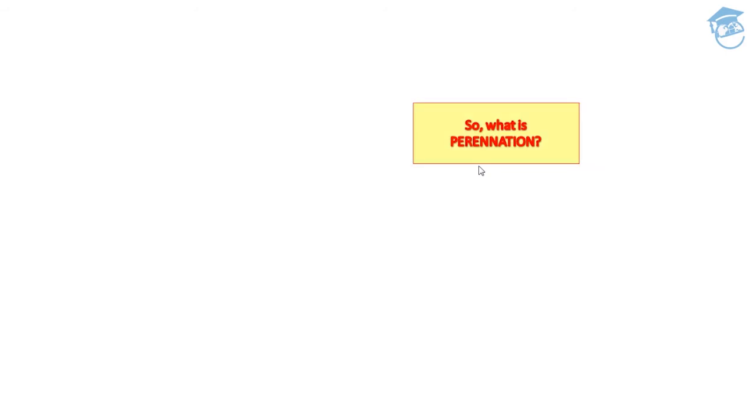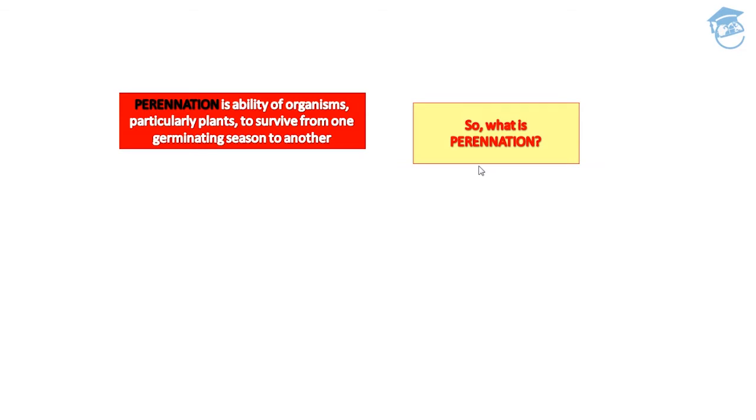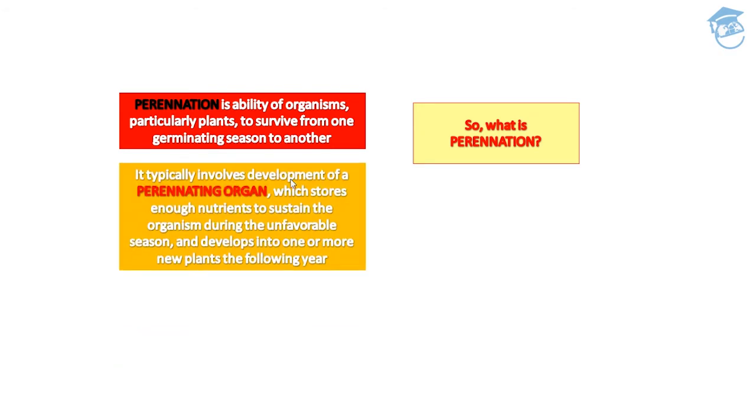So what is perennation, students? Perennation is the ability of an organism, particularly plants, not humans or animals, to survive from one growing season to another. Secondly, it typically involves development of a perennating organ, because a perennating organ is necessary to store enough nutrients to sustain the plant body during unfavorable season, and thus it develops into one or more new plants in the following coming years.